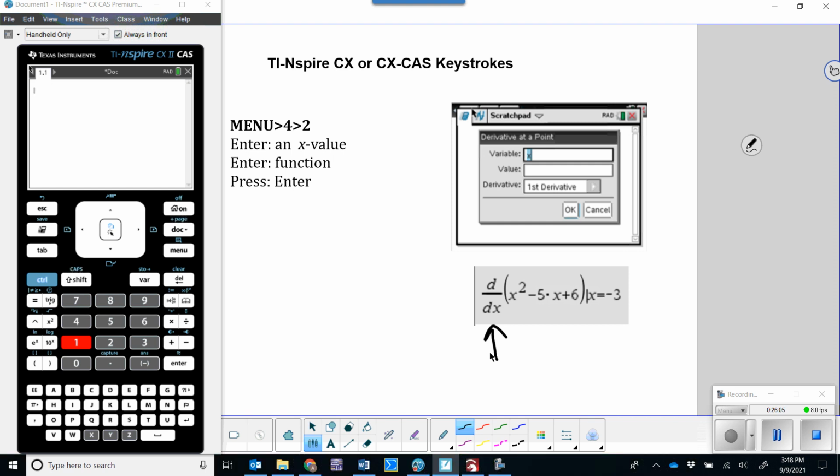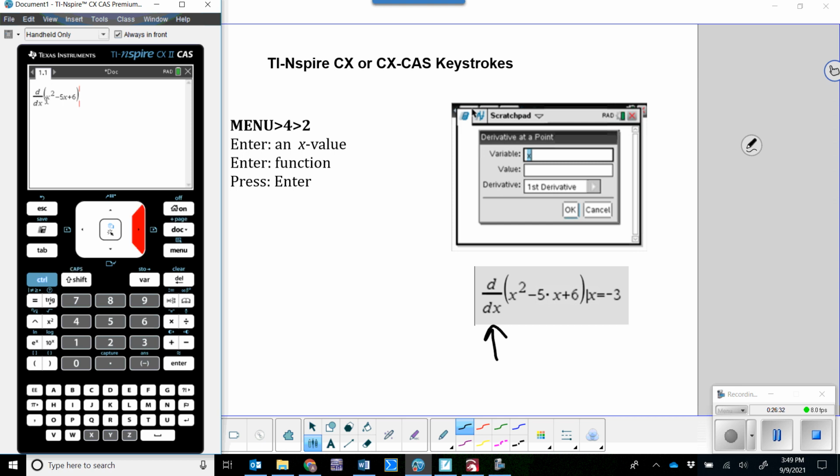The shortcut is not on the front of the screen, so you just have to learn it, and it is shift minus. If I do shift minus, you can see on my screen I have d over d blank. So I'm going to put x for the bottom, and then inside the parentheses, I'm going to type x squared minus 5x plus 6.